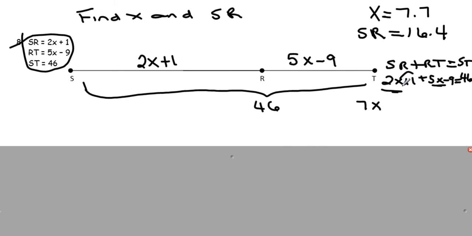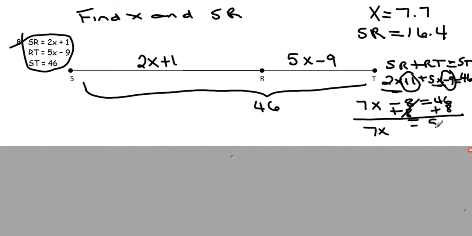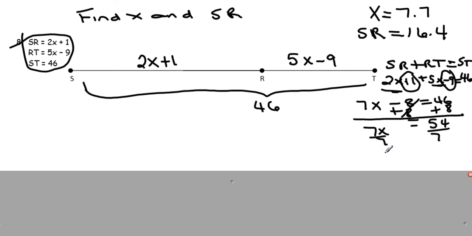A positive 1 and a negative 9, that's 1 minus 9, which is negative 8, equals 46. I add 8 to both sides of my equation. 7x equals 46 plus 8, which is 54. And then I divide by 7 on both sides. So that gives me x equals something like 7.714, but we just want the nearest tenths, 7.7. That's the first part of our answer.